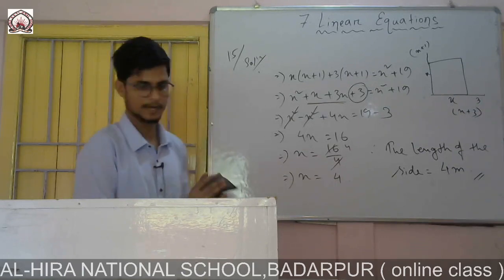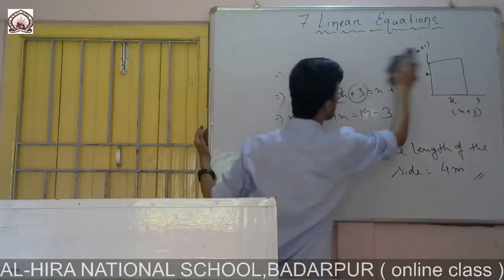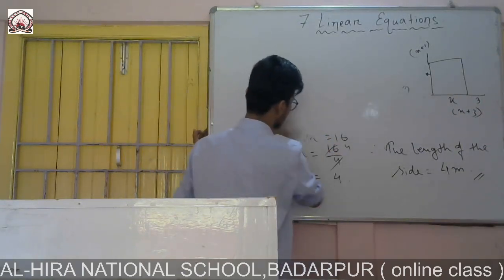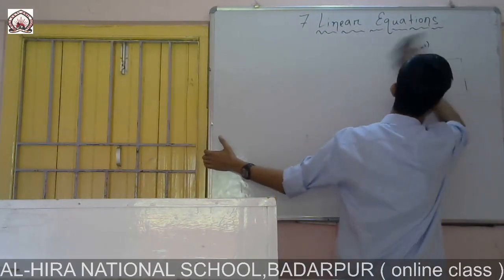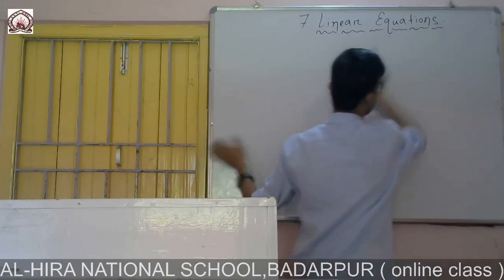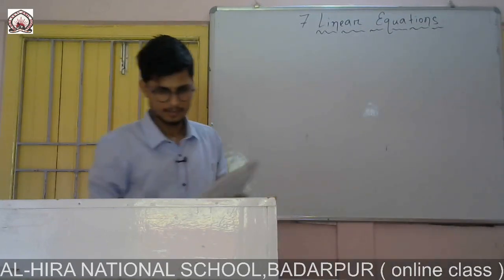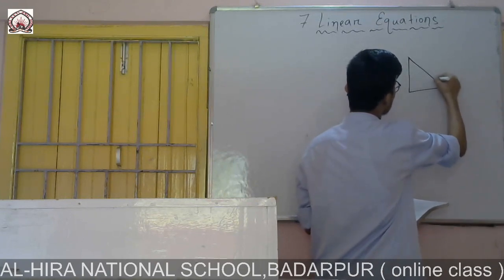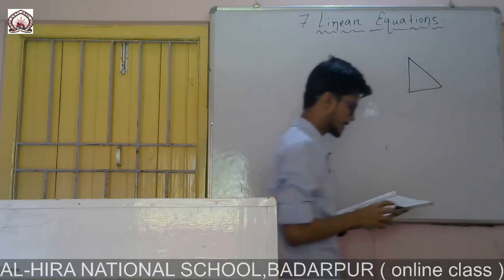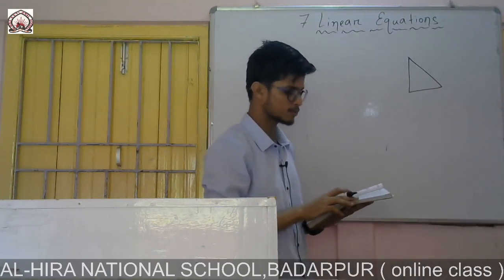So let me draw the diagram so that you can understand it easily. It is given that this is a right triangle and the ratio is 3:4.